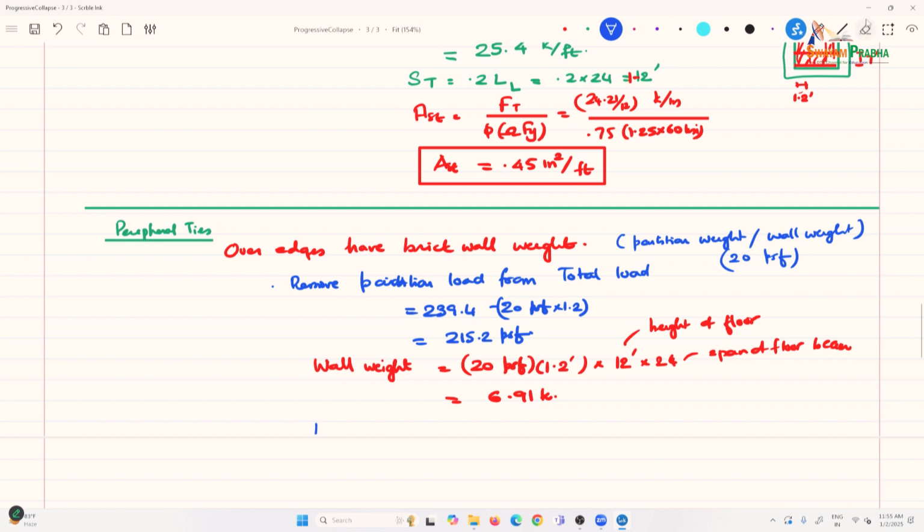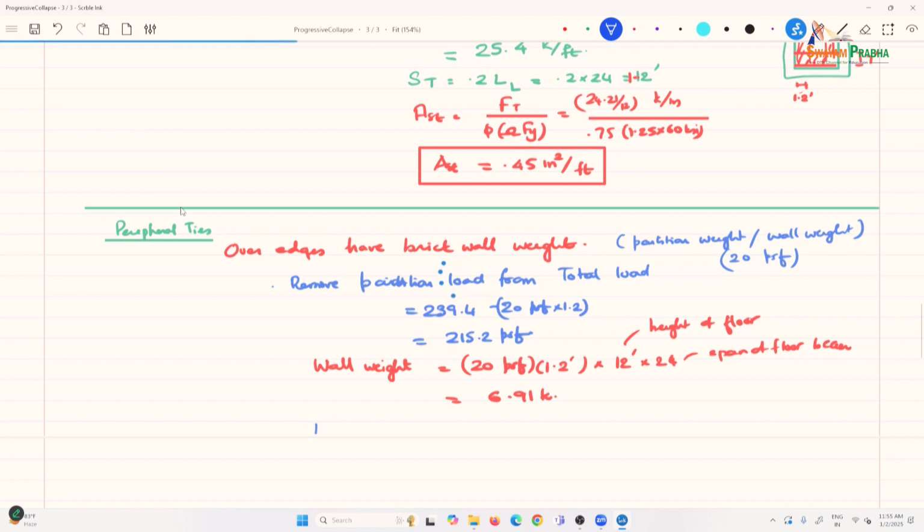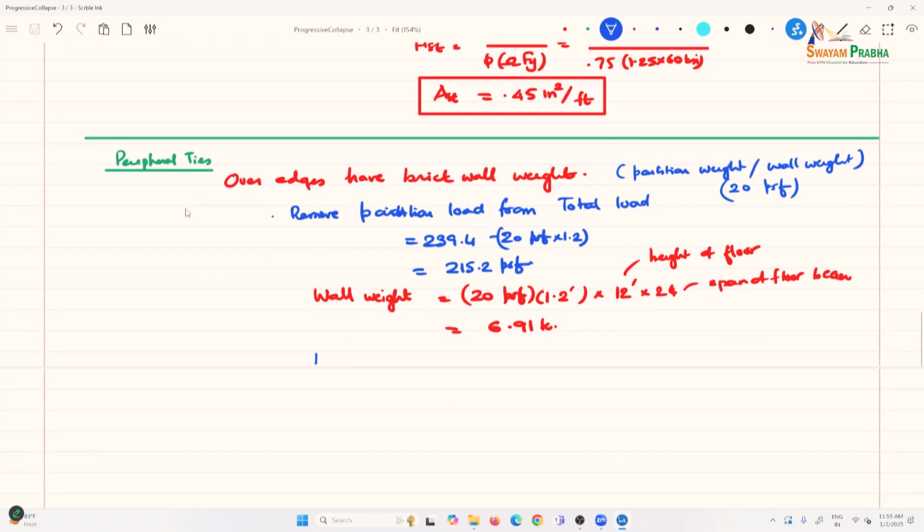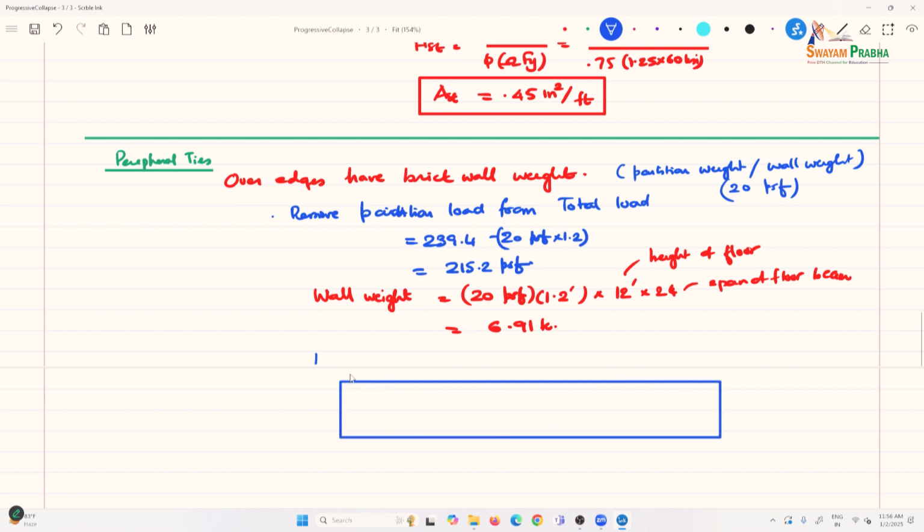The total FP is 6 WF, this is the equation that I showed earlier on, plus 3 times the weight of the cladding.